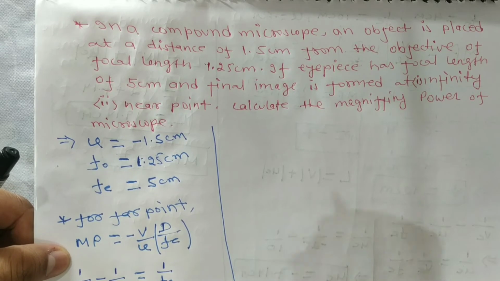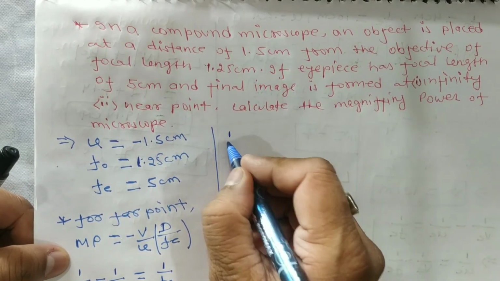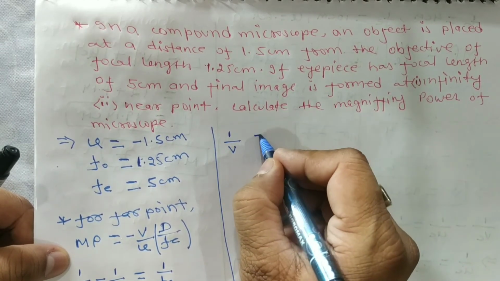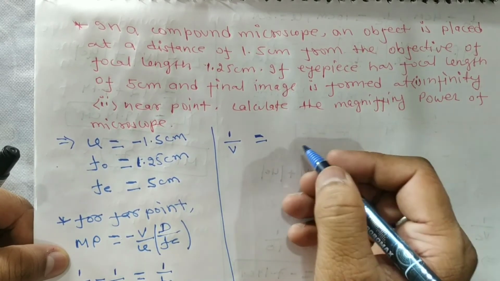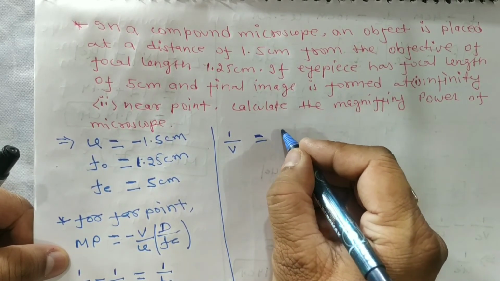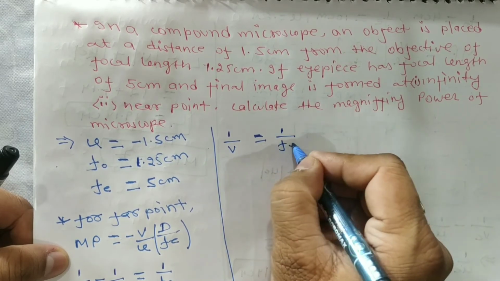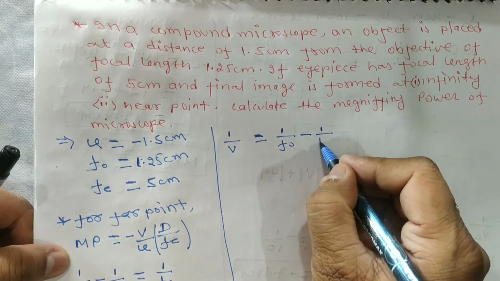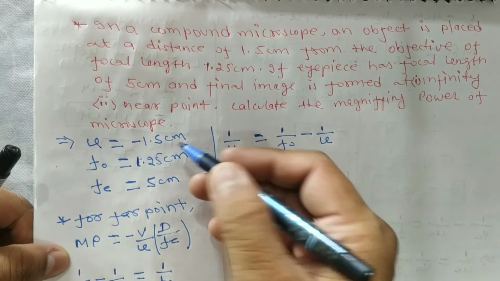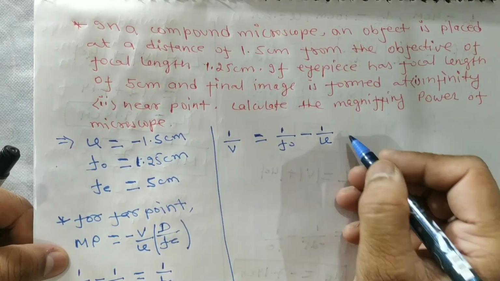From here we can calculate 1 upon v equal to 1 upon f naught minus 1 upon u, because this is minus it will be plus.